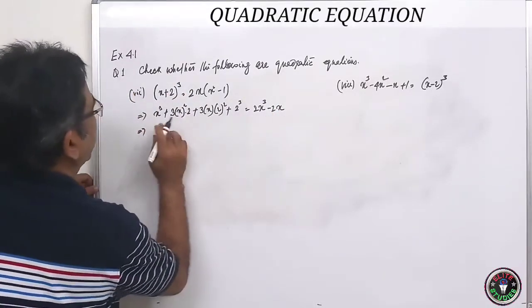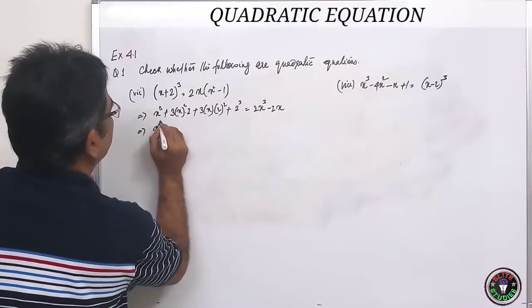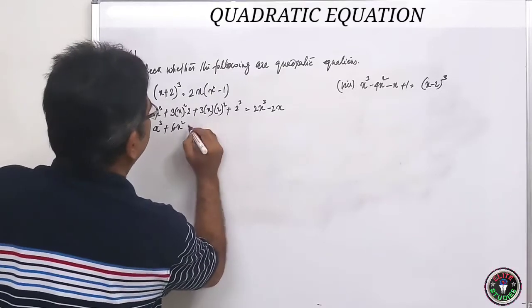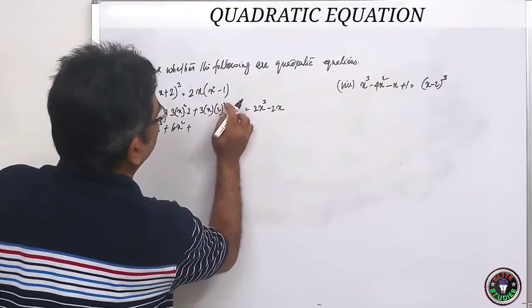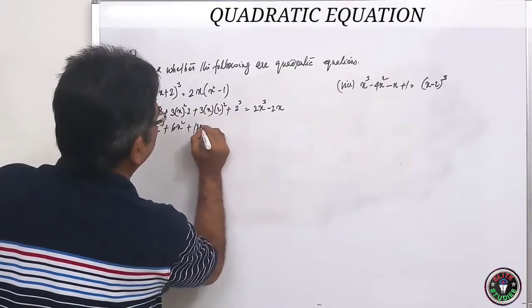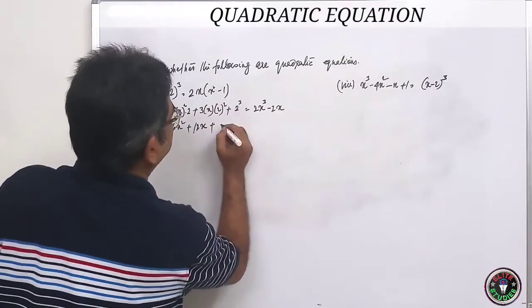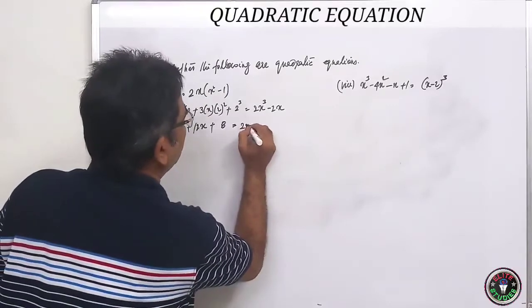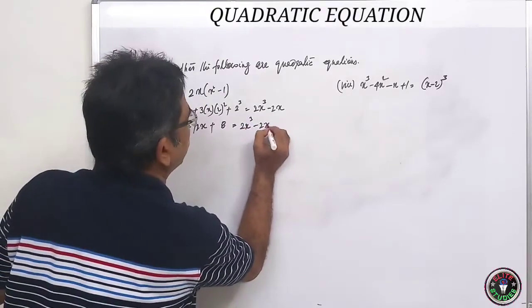So now simplify: x cube, 3 times 2 is 6, 6x square, now plus 3 times 4 is 12, 12x plus 8 is equal to 2x cube minus 2x.